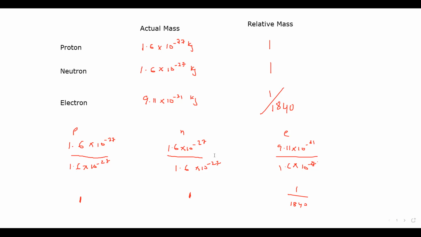This is the concept of relative mass, the comparison mass. When we take the simplest ratio of the actual masses of proton, neutron and electron, the simplest ratio for proton is 1, for neutron is 1, and for electron is 1 divided by 1840.